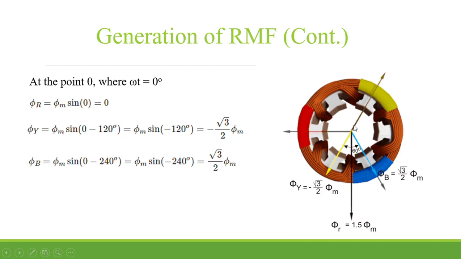So this was the initial phasor of phi y, but due to the minus sign we draw the phasor 180 degree opposite, with reduced magnitude, that is root 3 by 2 phi m. If you see just the magnitude, it will be root 3 by 2 phi m. Similarly, we will draw phi b, which will be root 3 by 2 phi m. So here we have drawn phi b in blue color, root 3 by 2 phi m.